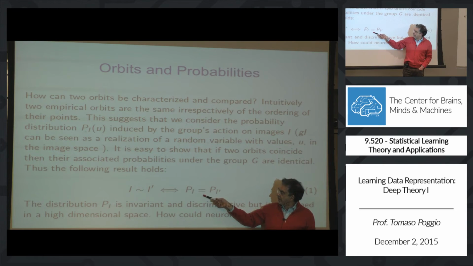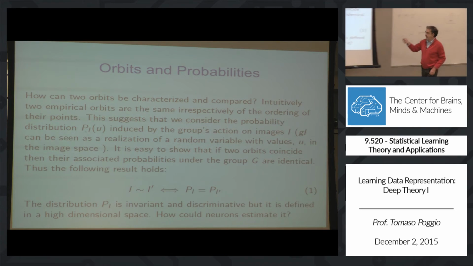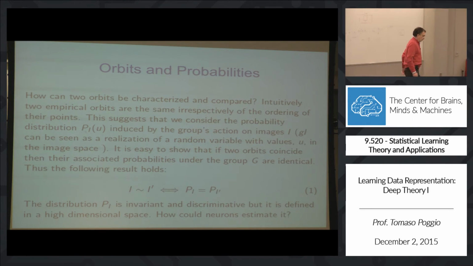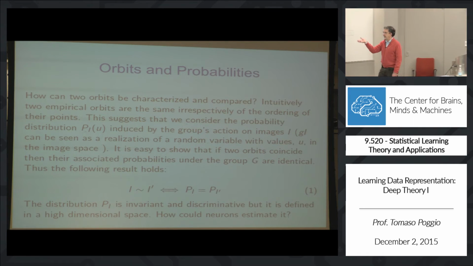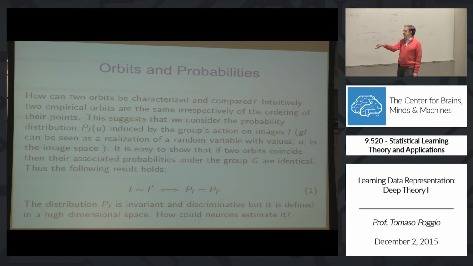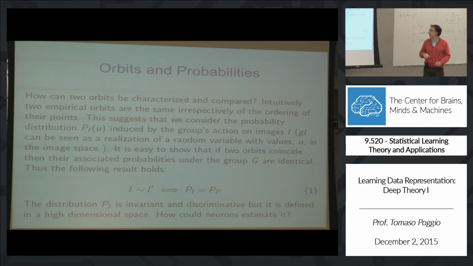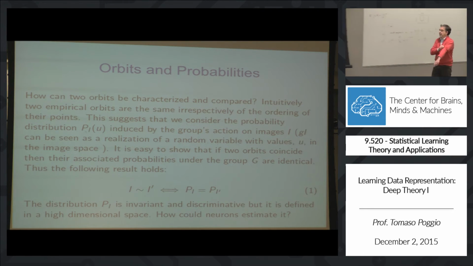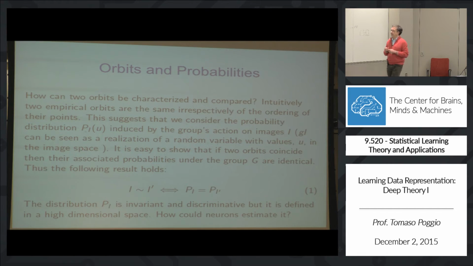the probability of, induced by a certain transformation, say rotations, the probabilities I get from all the images generated by a rotation of my face is equivalent to what is called an orbit.